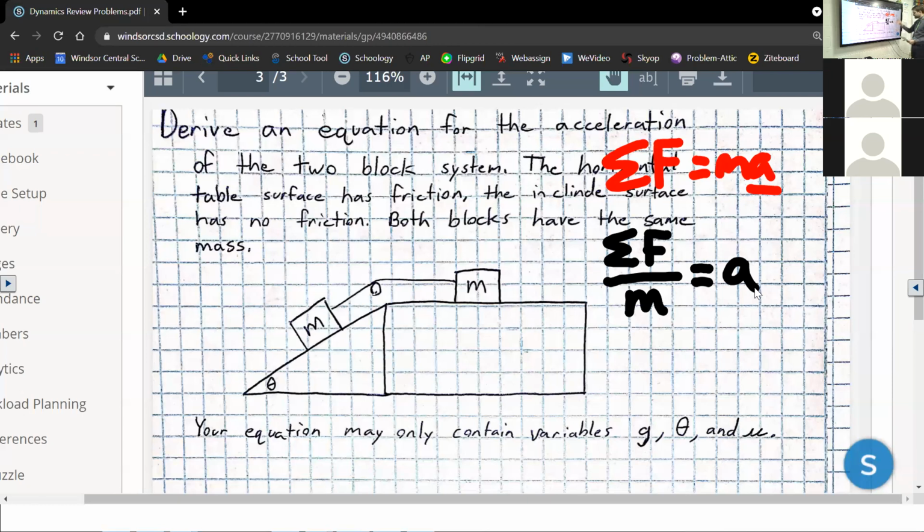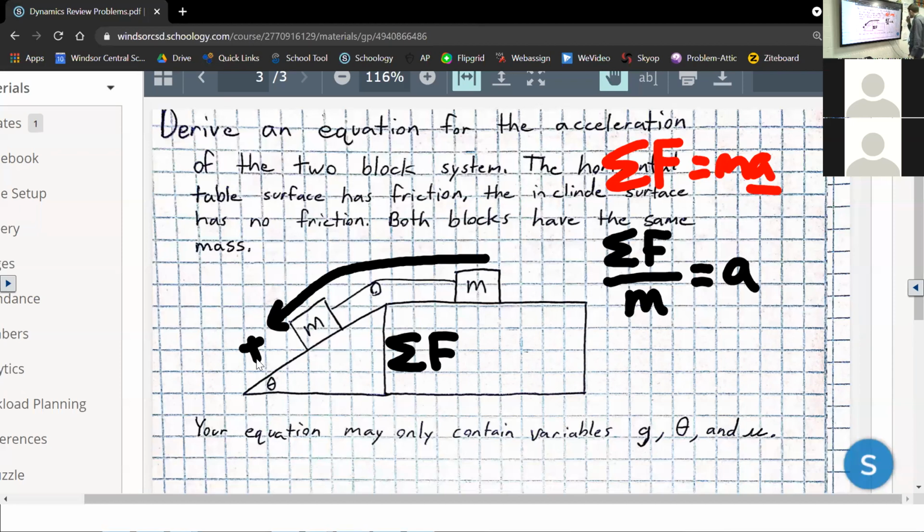So I want to replace these two. Let's start with force. I want to find the net force in the direction that these masses are going to go. And I think that this guy is going to drag the one on the table down the ramp. And so it'll be that direction. If I'm wrong, I'll get a negative answer, but I think that's the way they're going to go.